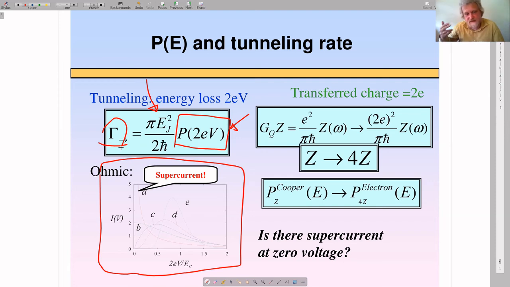Namely, if resistance is small, it grows up at small voltage, and at very small resistances it would form a peak. This peak will correspond to supercurrent at zero voltage. The probability to tunnel without energy loss gives us supercurrent, coherent transfer.